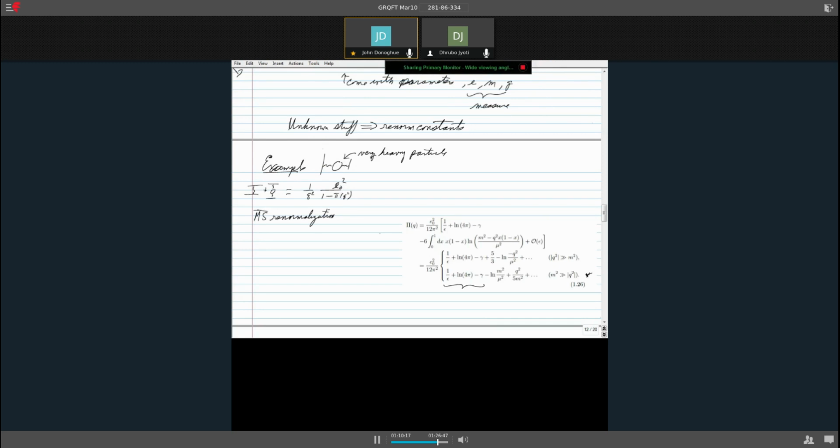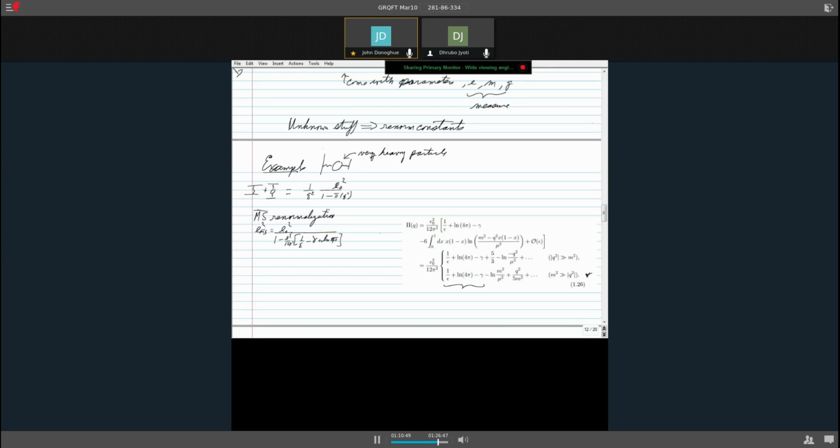Let's imagine that I put a very, very heavy particle there. When you do the vacuum polarization, you know that that goes into the renormalization of the electric charge.